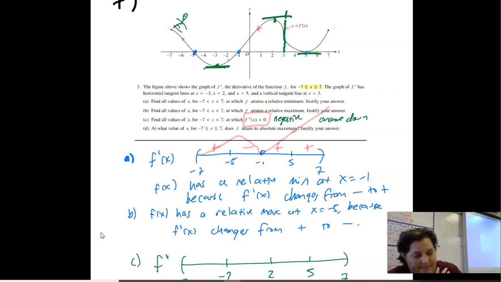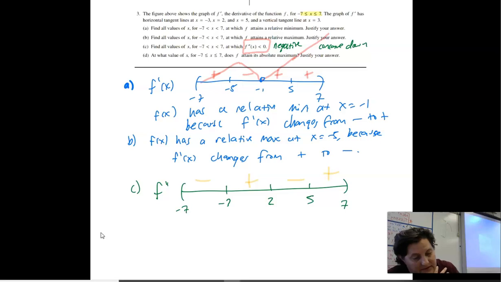Anyways, he's got negative slopes down to negative 3, and then he's going positive up to 2, negative down to 5, positive up to 7. So the second derivative is negative on the open interval negative 7 to negative 3 and 2 to 5. Okay?